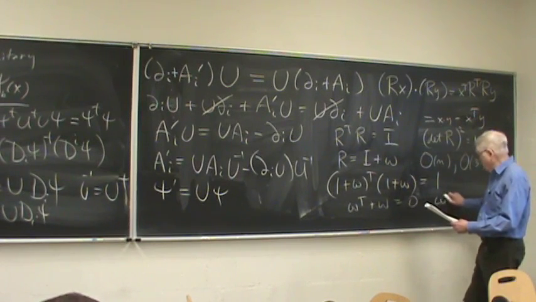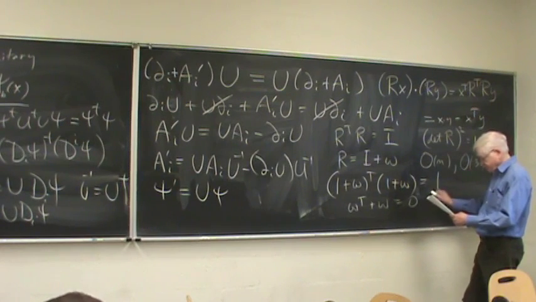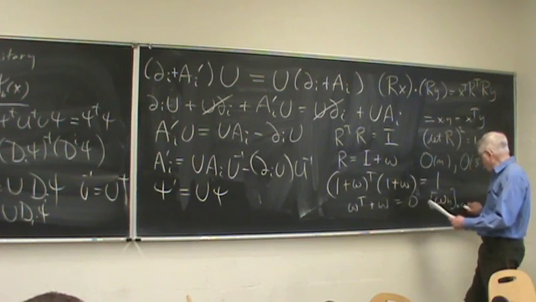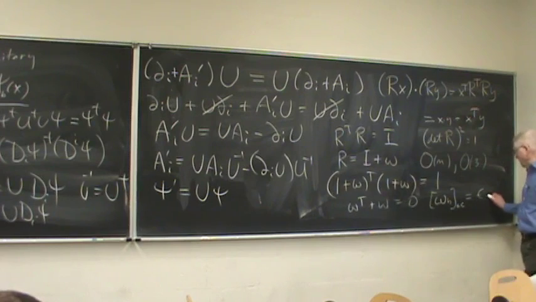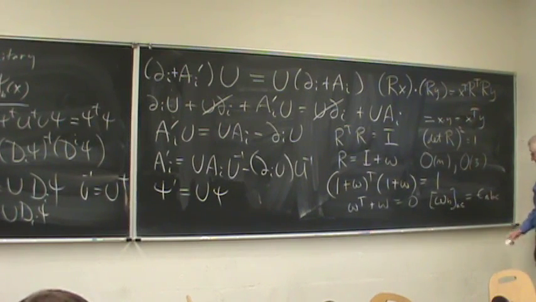I called them omega B, AC was epsilon ABC. And where epsilon is 1, if ABC is 1, 2, 3, otherwise it's 0. Epsilon is totally antisymmetric, and 1 if ABC is 1, 2, 3.